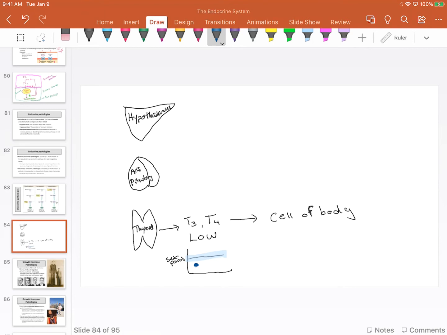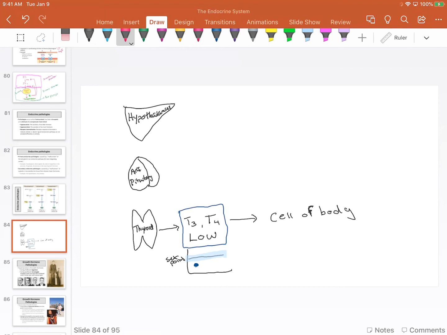So the thing is, at this point, all the doctor really knows is that T3 and T4 are low. That's what the doctor knows, but they don't know why it's low. It might be that the thyroid is not working correctly, and T3 and T4 are low. But thinking about the pathway, let's look at that pathway.